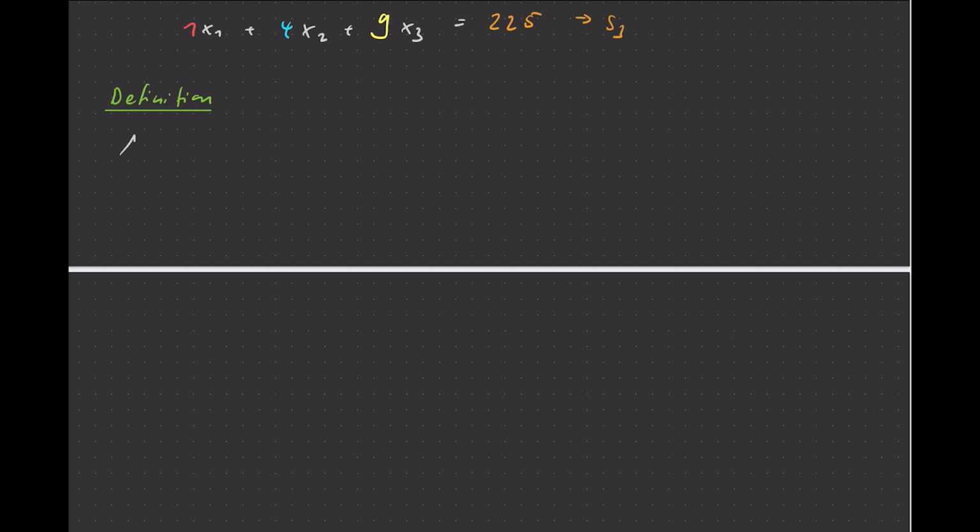What we want to define is what a system of linear equations is. A system of linear equations, or SLE, is specified by the following data.